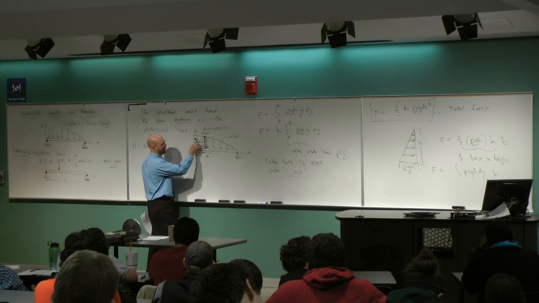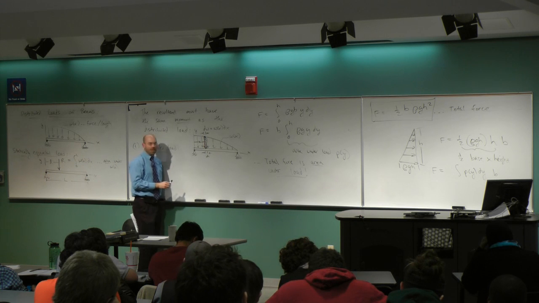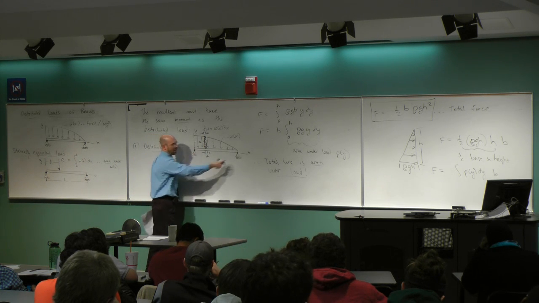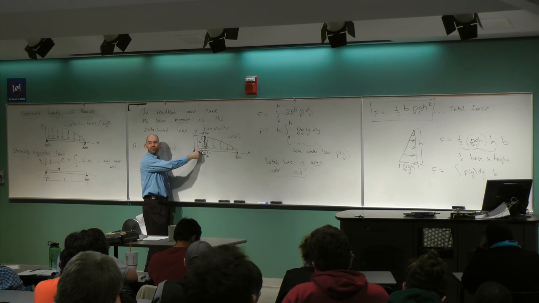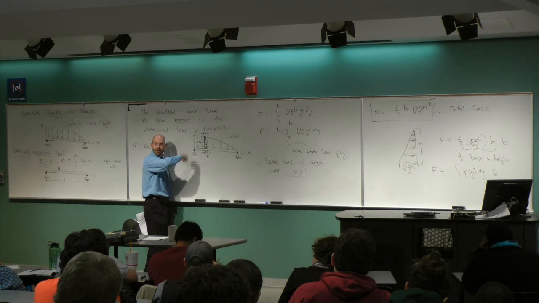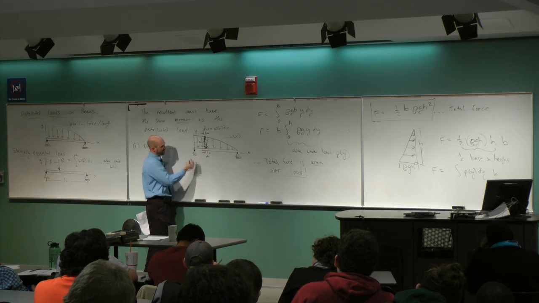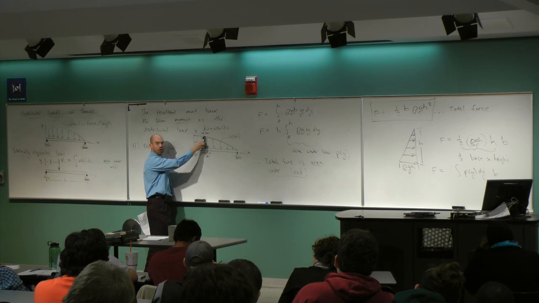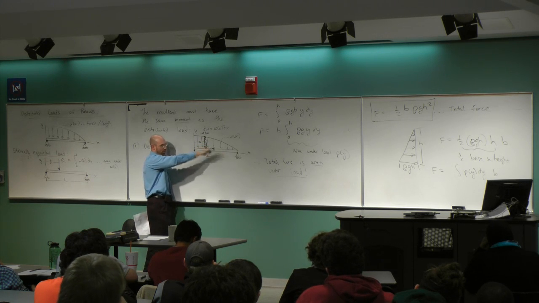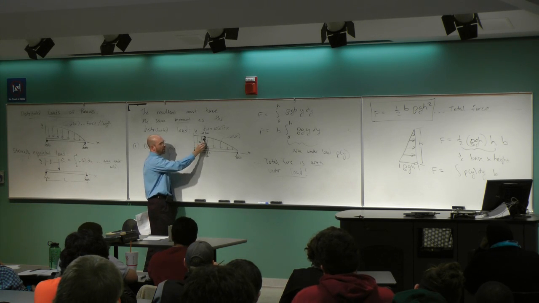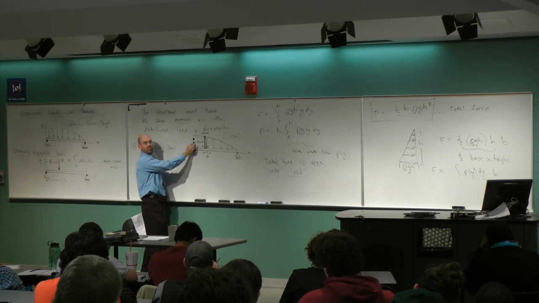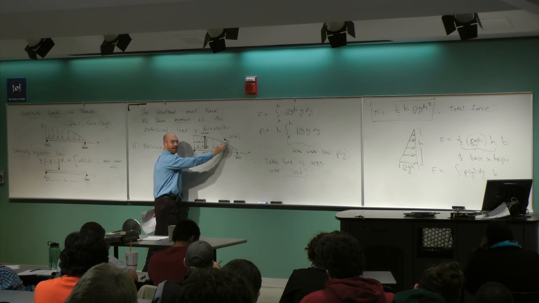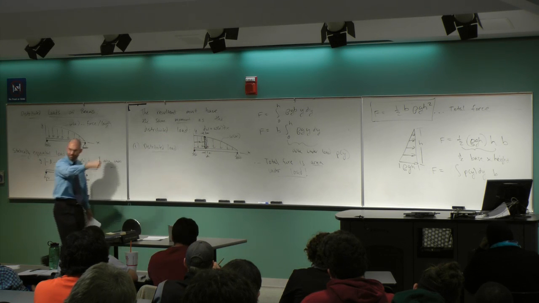So every one of these pieces of the load, if I undid the support on the right, would make this want to spin clockwise. If this was a hinge and I put this load here and I didn't have a support, this thing would go down. So every one of these is making it spin. The one all the way here doesn't make it spin, but the further I get away, the bigger the moment arm. Force times distance is what makes it want to spin.